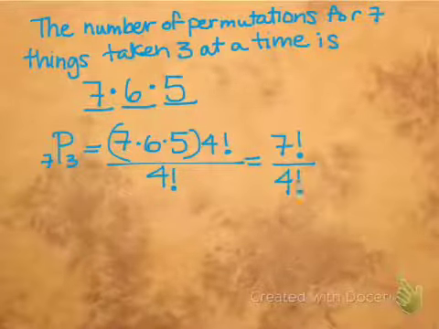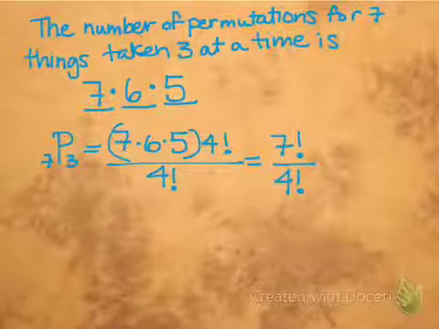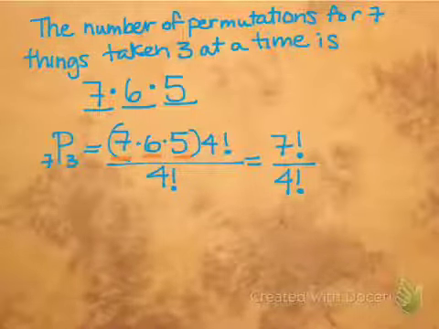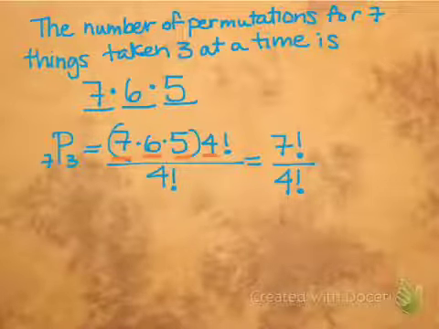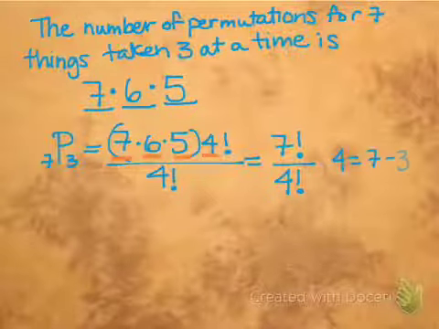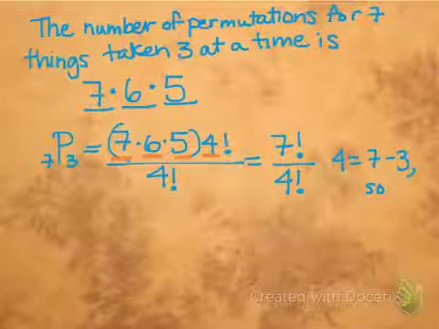So that's what I've gotten so far. Then I can reduce that because 7 times 6 times 5 times 4 factorial, and 4 factorial is 4 times 3 times 2 times 1, that's the same thing as 7 factorial. So I can just write that whole thing as 7 factorial over 4 factorial. Okay, and then we also know that 4 can be written as 7 minus 3.